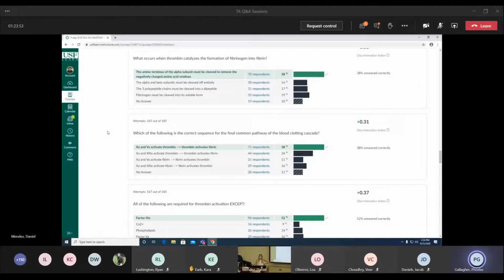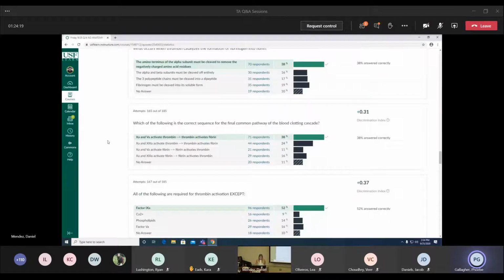So after thrombin is cleaved from its propeptide sequence, it's going to float into the blood and ultimately activate the conversion of fibrinogen to fibrin. So that's why the first option is correct, because that's the correct order. And then remember that it is factor 10 and factor 5, not 10 and 13, which was the case for 2 of the wrong answers here.